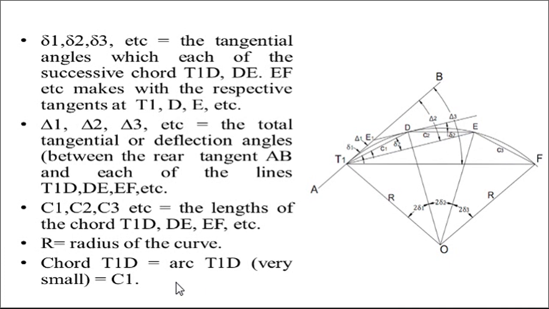Next, R is the radius of the curve, and chord T1D is equal to arc T1D, as the difference between the length of the chord and arc is very small, so we assume both lengths are equal. Next slide.